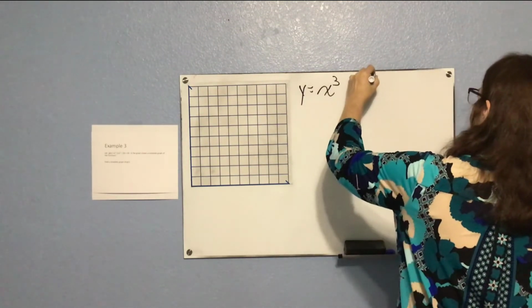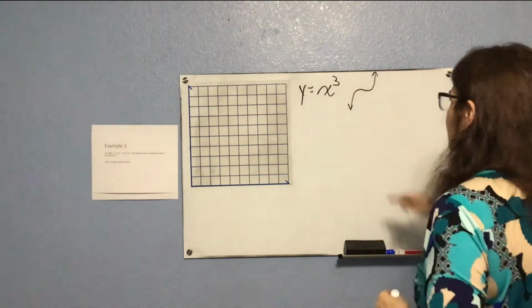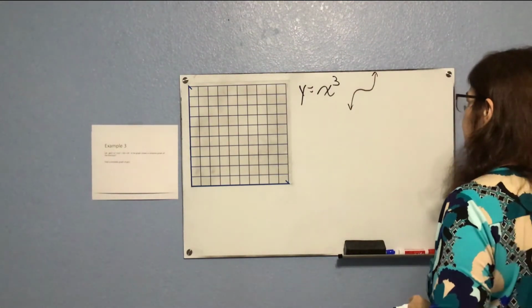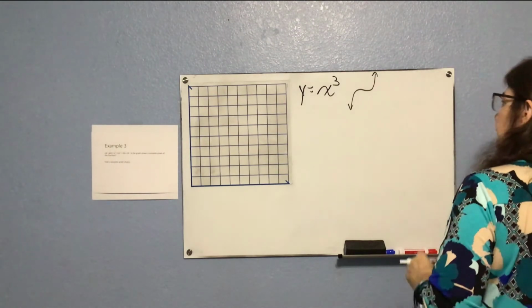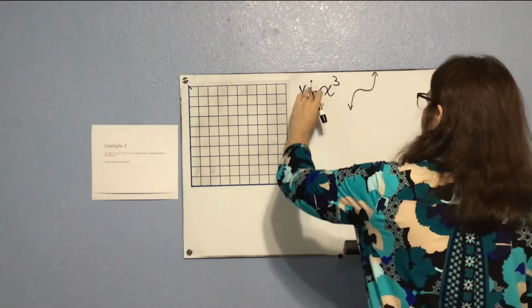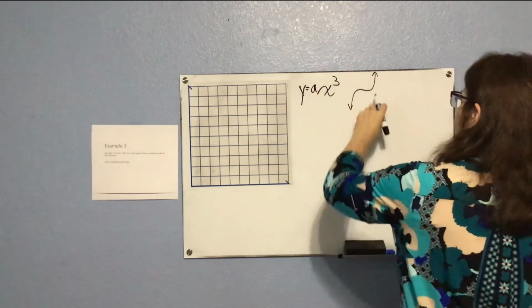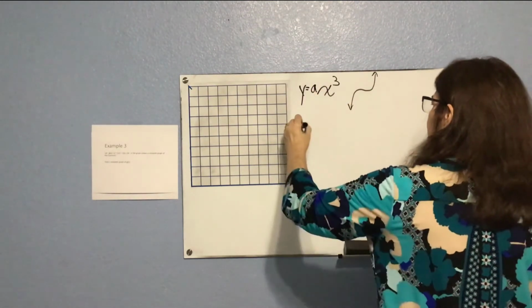This is the general shape for a cubic polynomial. Even if I had an a out here, this would be the general shape.